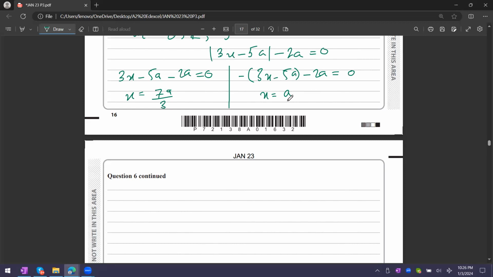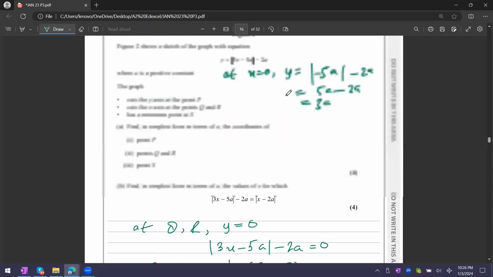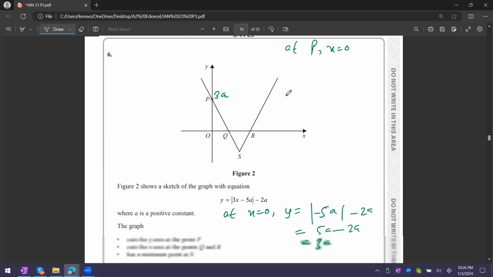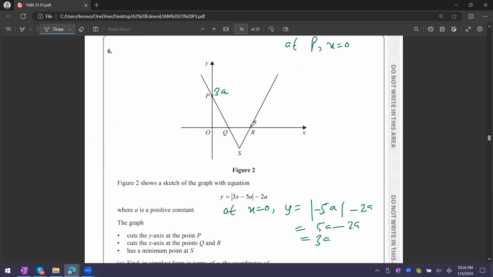That means which is bigger? 7 over 3 is bigger than a. So R must have the coordinate 7a over 3, and Q is just a. Alright, so we have Q and R coordinates also. Q is (a, 0), R is (7a by 3, 0).